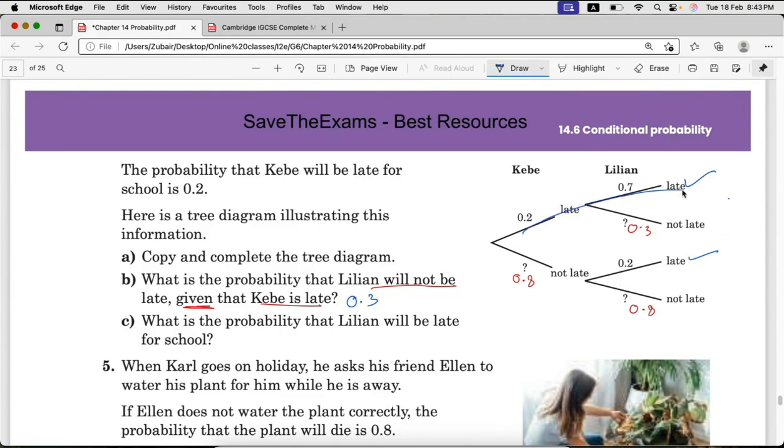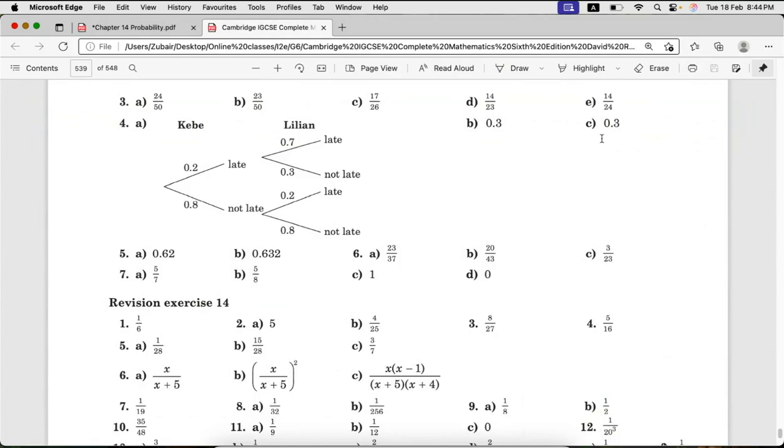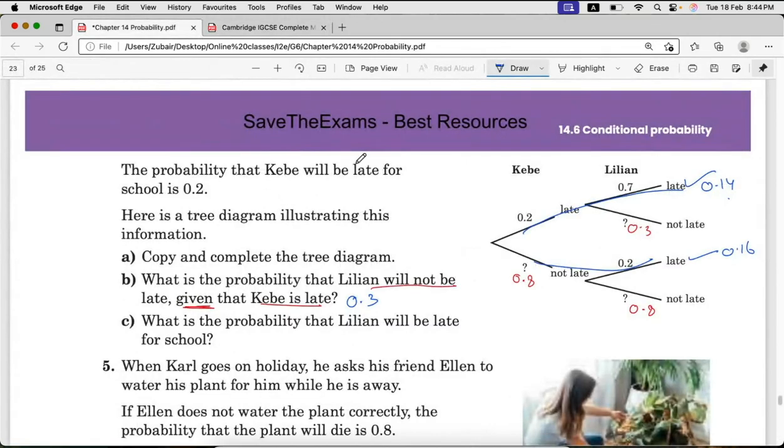So this end result should be 0.7 times 0.2, 0.14, and this should be 0.16. 0.14 plus 0.16 is 0.3 again. Any confusion? No, sir.